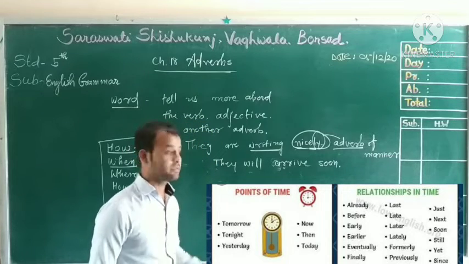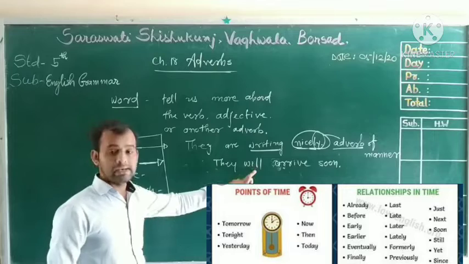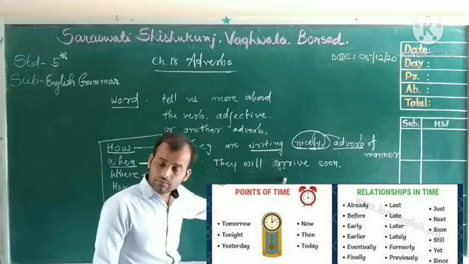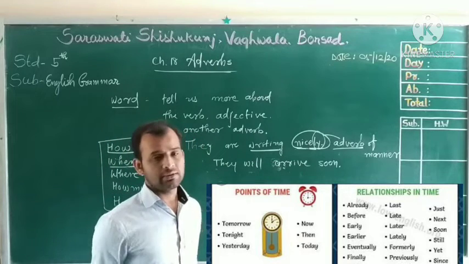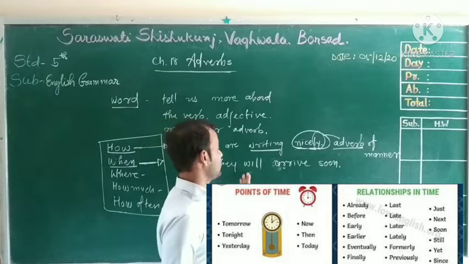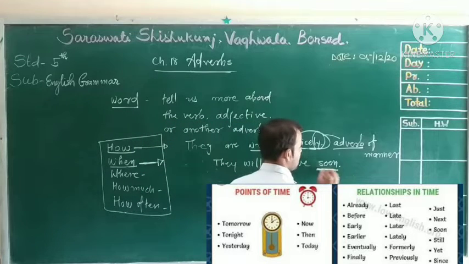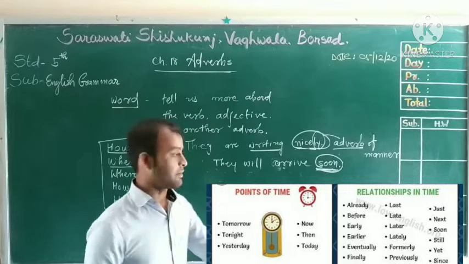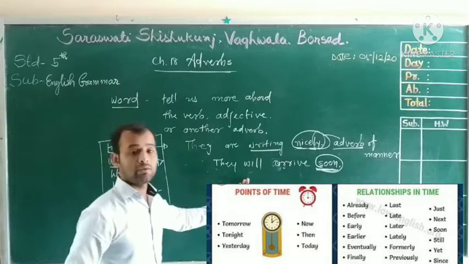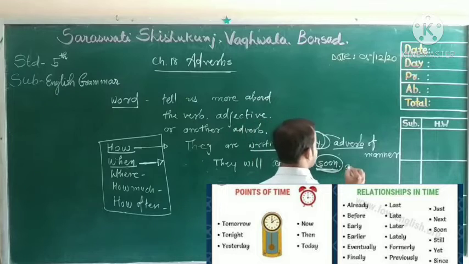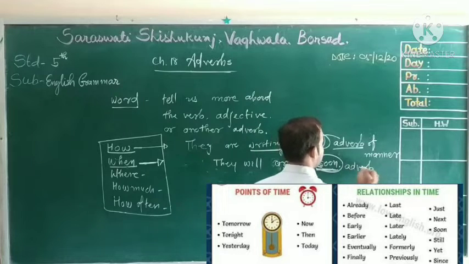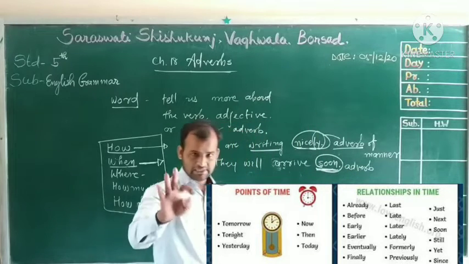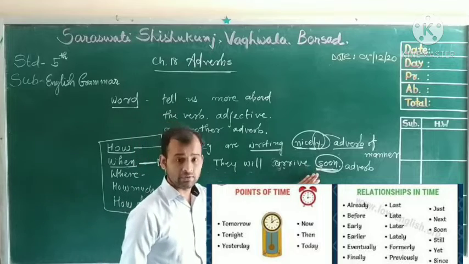What will you ask? When will they arrive? So students, what answer will you get? They will arrive soon. So here soon is the answer as time. Remember, dear students, here soon is the adverb.